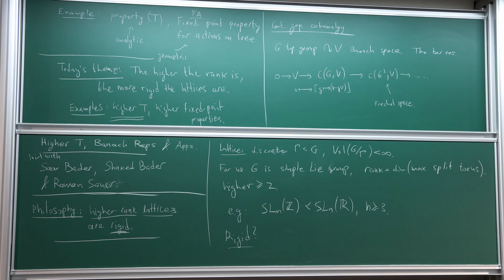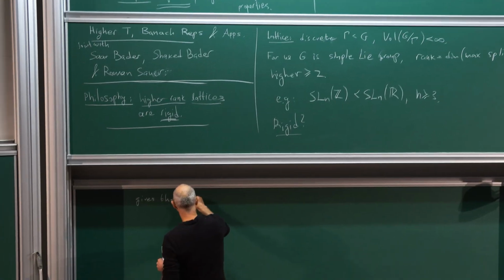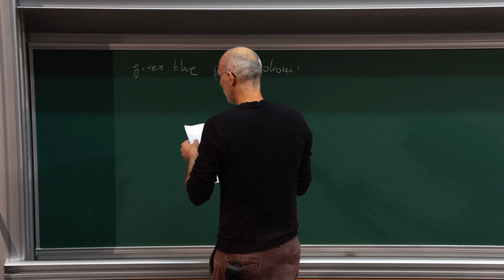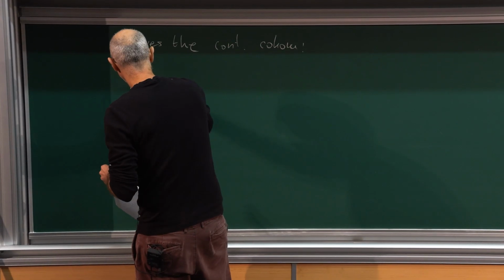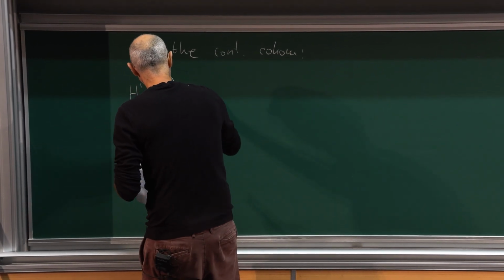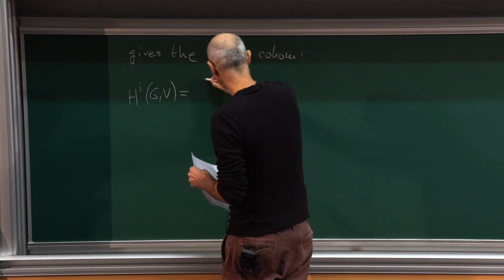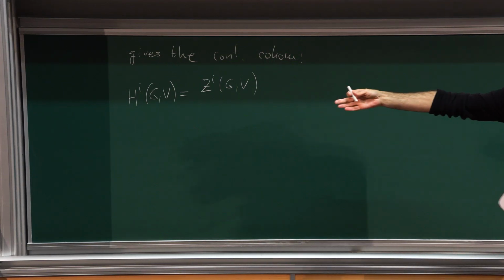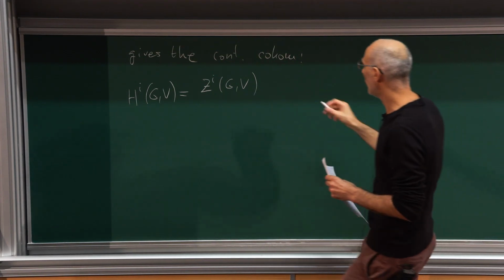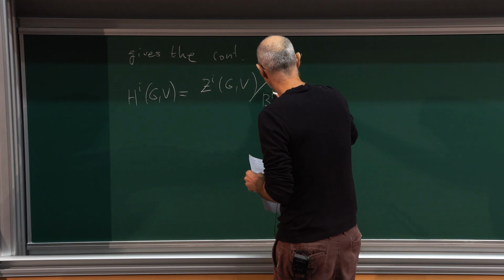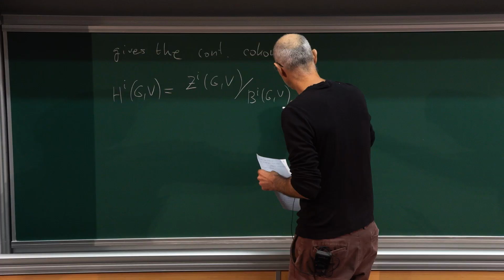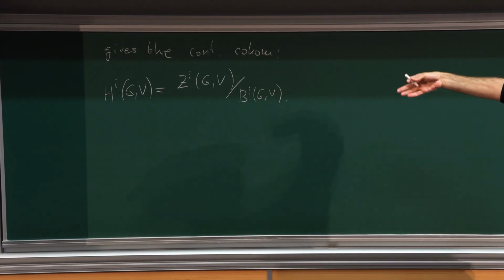So this gives the continuous cohomology H^i(G,V), which is, by definition, the cocycles of the ith term modulo the coboundaries, so the kernels modulo the image. So take this as a definition.